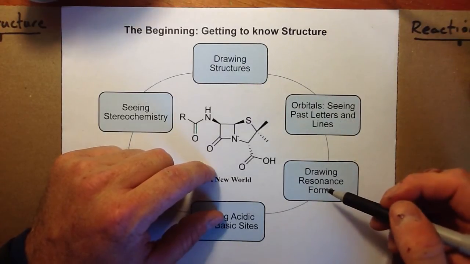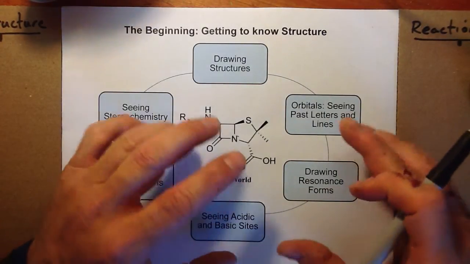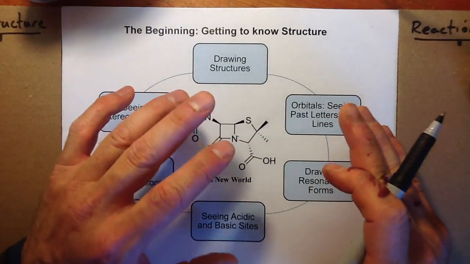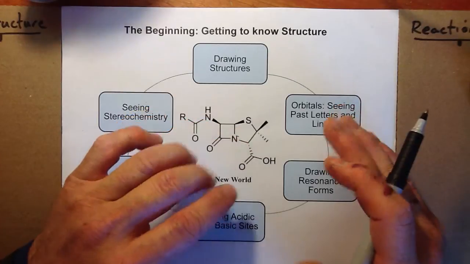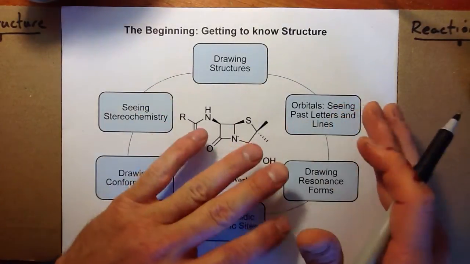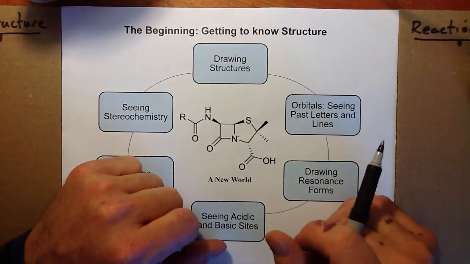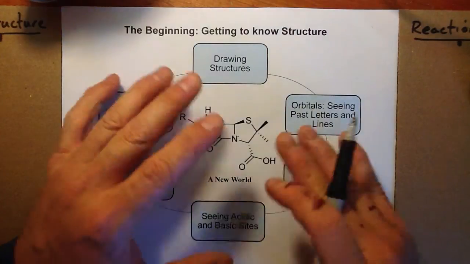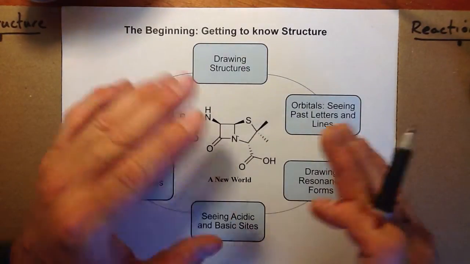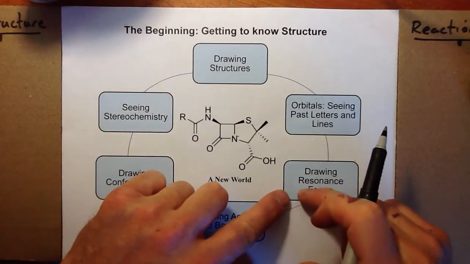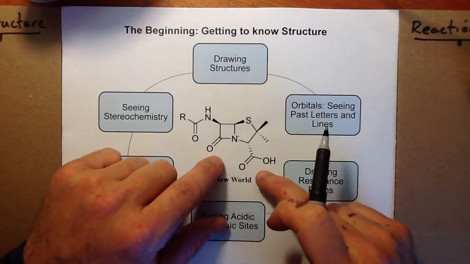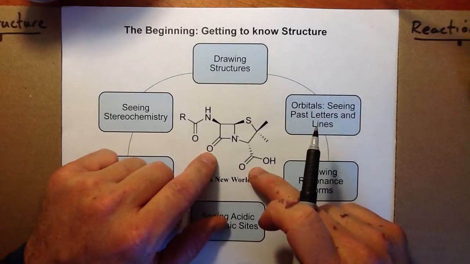Then we'll look at drawing resonance forms. For this purpose, resonance forms are very important in that they help us to see where things are rich or poor in electron density, who's partially negative, who's partially positive within these structures that are represented. Any of the molecular structures that are represented in the vast ocean of organic chemistry, we can make sense of those structures by drawing resonance forms or understanding how to do that.